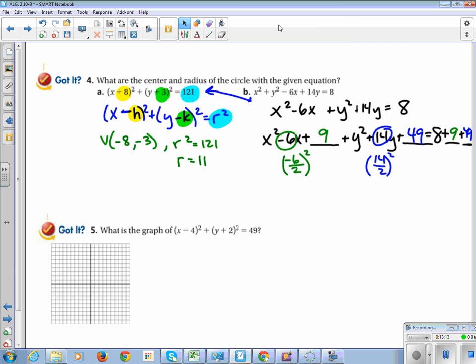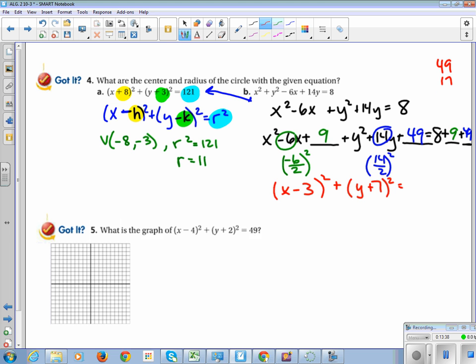All right, so I've done my accounting. I've added what I add to the left side, I add to the right side. So now I can write these as (x minus 3) squared and (y plus 7) squared. 8 plus 9 is 17, and plus 49.